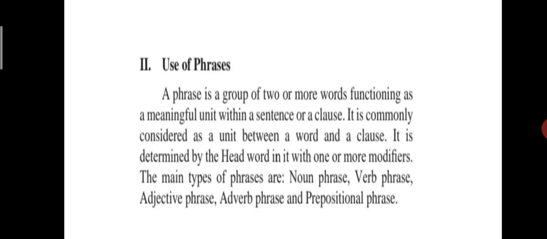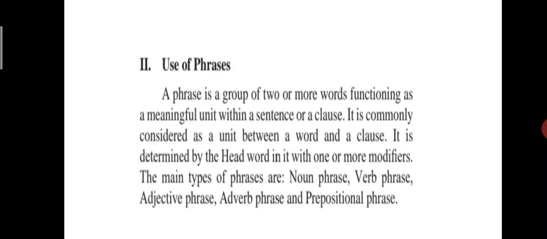Remember, friends, there are two or more words functioning in a phrase. First, a group of two or more words is called a phrase. Second, those words form a meaningful unit.